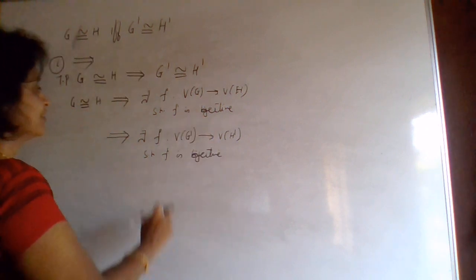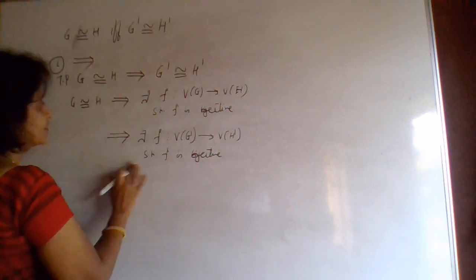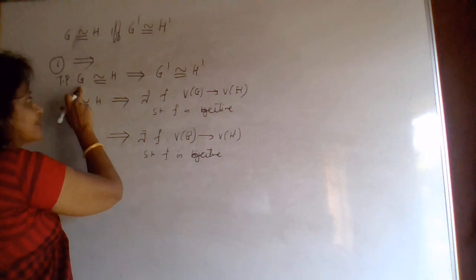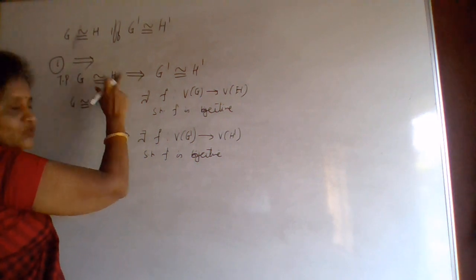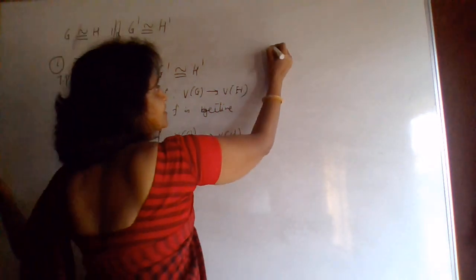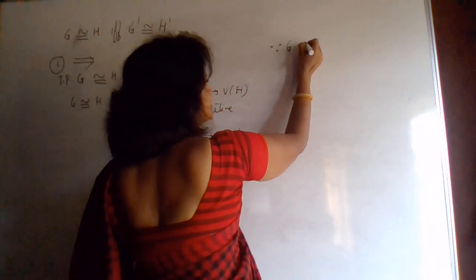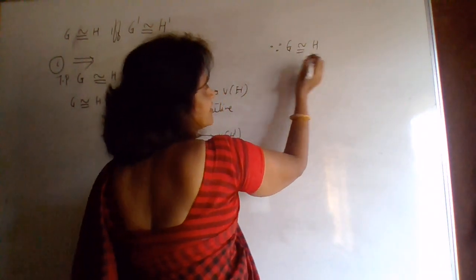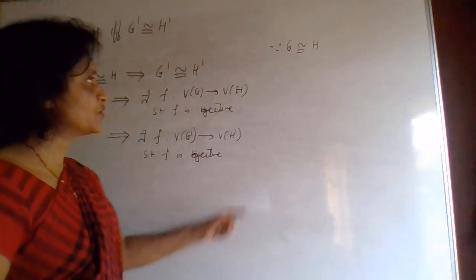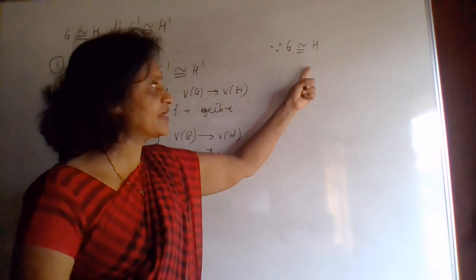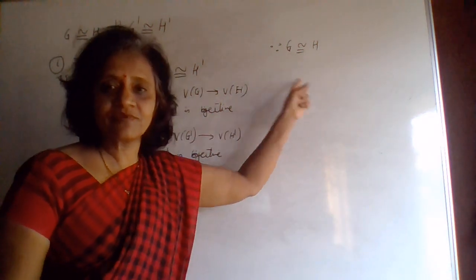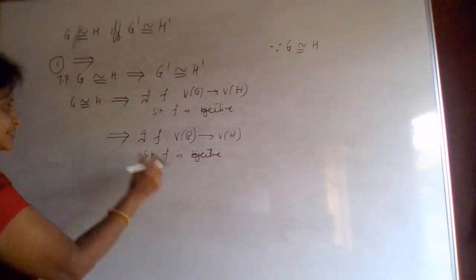First of all, what we have is G is isomorphic to H. Since G is isomorphic to H, what that implies is that if UV is an edge here, then FUFV is an edge in H. Okay, so let's continue.